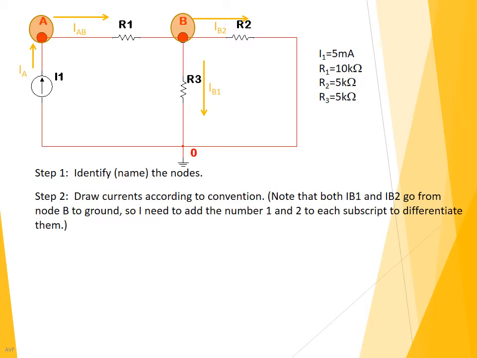The naming convention, for example, for current IAB, is the current going from A to B, so the name as well gives you the direction of the current. In the case of IB1 and IB2, both of those currents go from node B to ground, so they only have one letter subscript. But because they are two separate branches and in general will have two different values, I separate them by naming one IB1 and the other IB2.